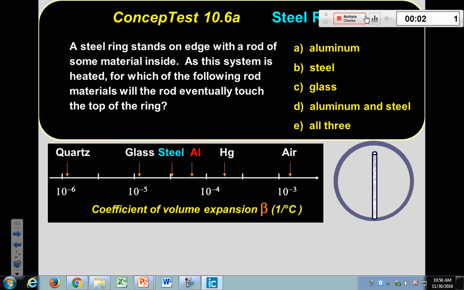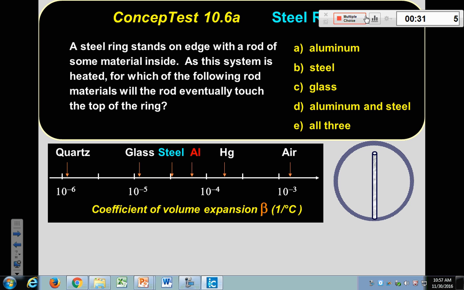I have a steel ring that stands on edge with a rod of some material inside. This part is steel, the ring, and then I have some material, I don't know what it is. But I want it so that if I heat it up, the rod will eventually touch the top of the ring. So I heat this system up at the same rate, and I want this to eventually touch the top of the ring. What must the rod be made of?